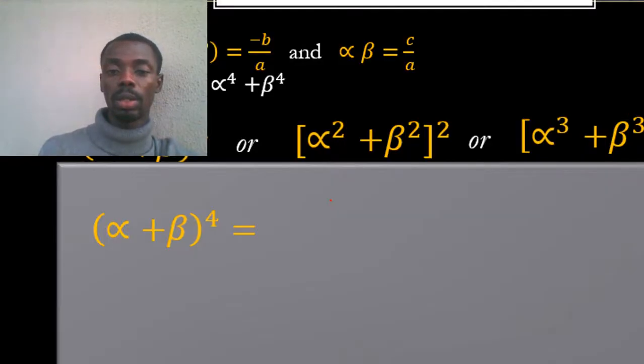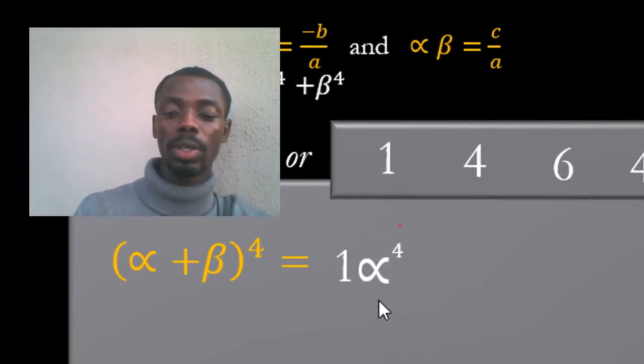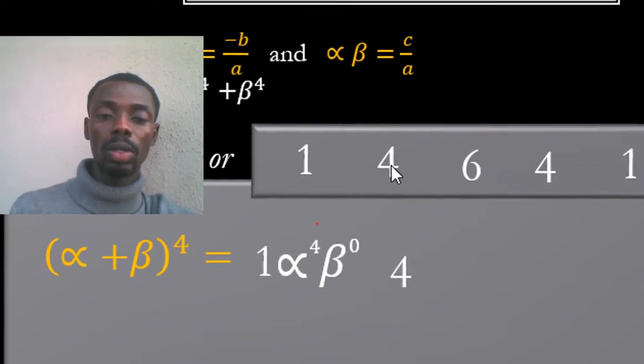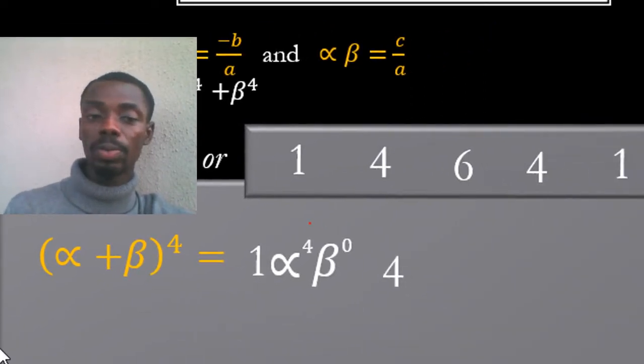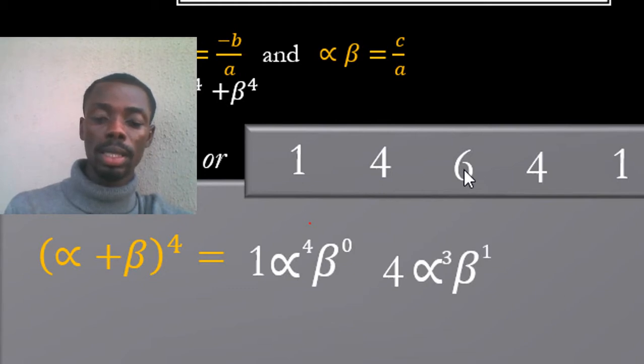So coming up with the bar now, I'm having 1, first term which is alpha, and the second term which is beta. The first term alpha is going to be raised to the power of 4, the highest power. Then beta is going to be raised to the power of 0. The second coefficient is 4. Then alpha will be raised to the power of 3, and beta will be raised to the power of 1. 6 is the next coefficient.